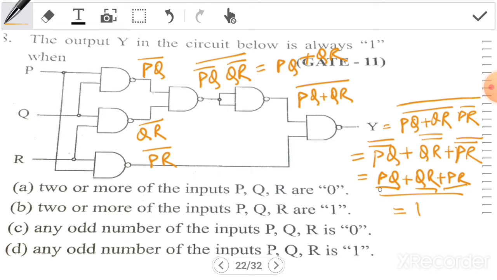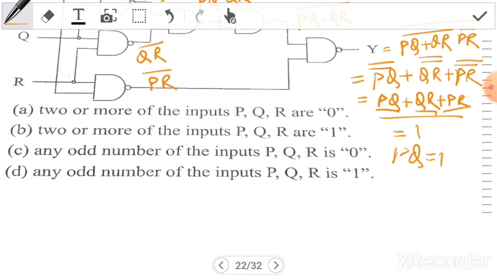At least one of these product terms is 1, then output is 1. Say if PQ is 1, or if QR is 1, or if PR is 1.